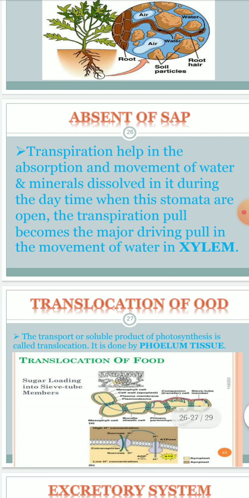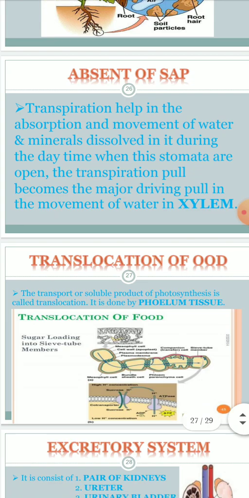So during the daytime, due to the transpiration process, the movement of water and minerals starts when the stomata are open. As we know, xylem is responsible for the transportation of water, so with the help of the transpiration pull, xylem conducts the transportation of water.